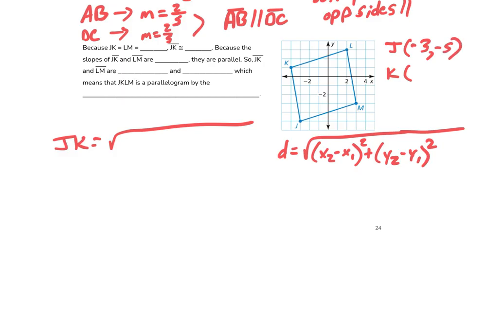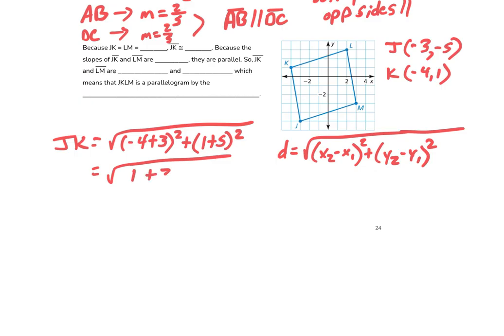K is at -4, 1. So we're going to plug that into the distance formula. -4 minus -3 is -4 plus 3. 1 minus -5 is 1 plus 5. So this would be 1 plus 36, which is radical 37.